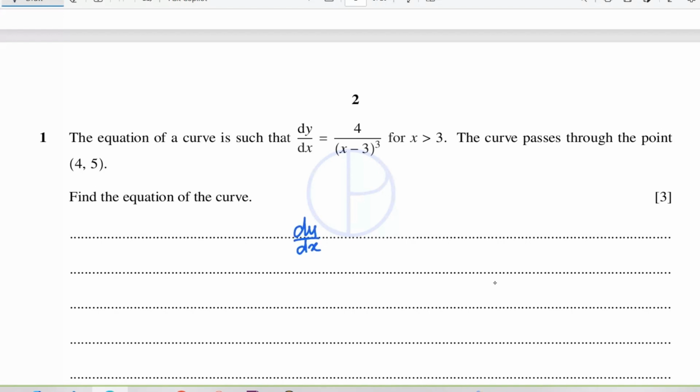Let's write dy by dx as 4 multiplied by (x minus 3) the whole power negative 3. Now integrate on both sides, so you will get y is equal to 4. We can take out the constant, so the integral of (x minus 3) the whole power negative 3 dx.